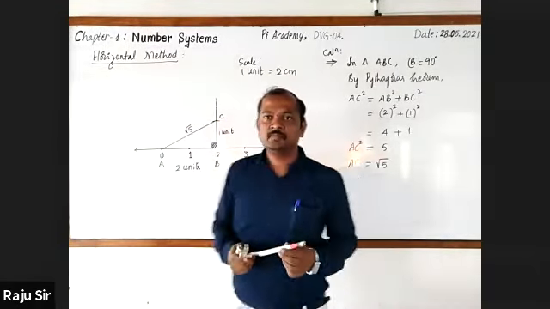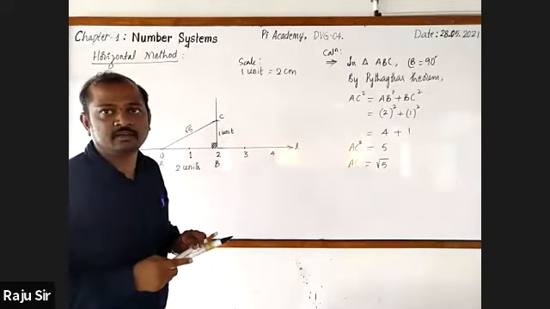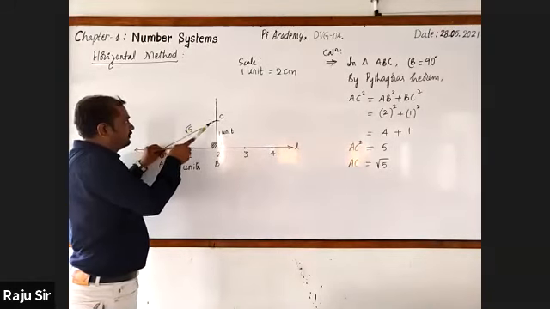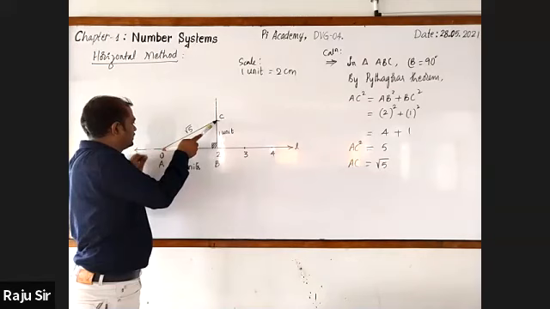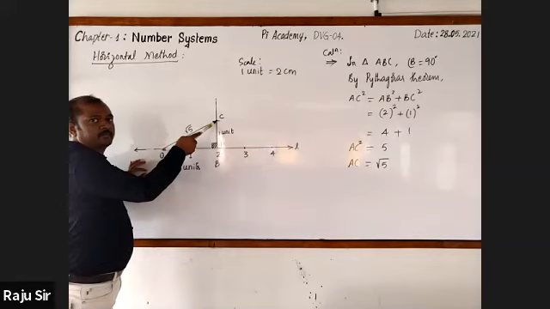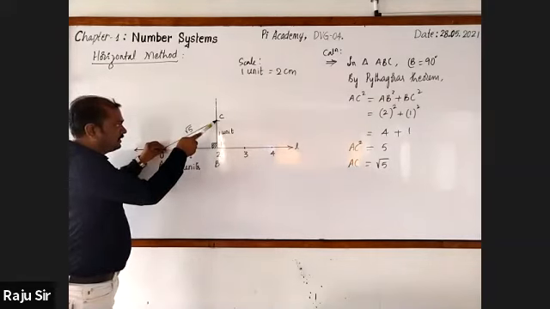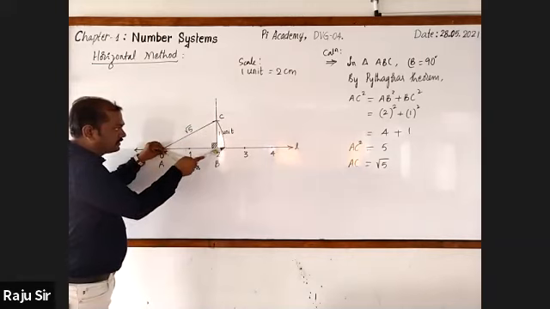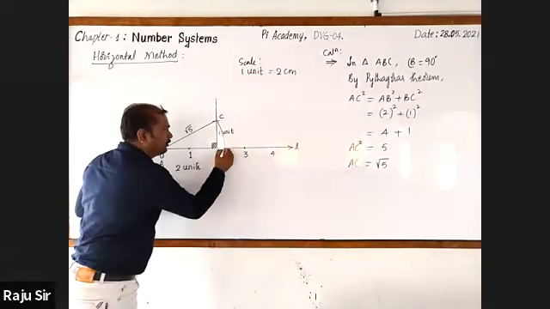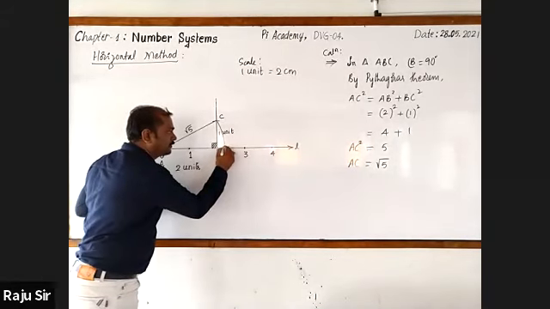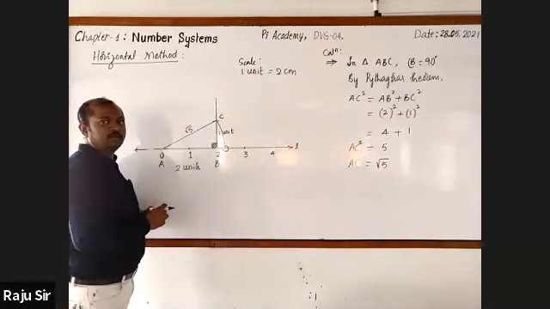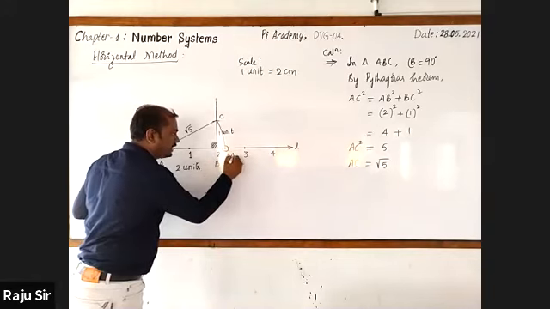Use compasses, take a distance of AC. Now we have got the point on the number line after 2, because the value of root 5 lies between 2 and 3. Let us call this point M.